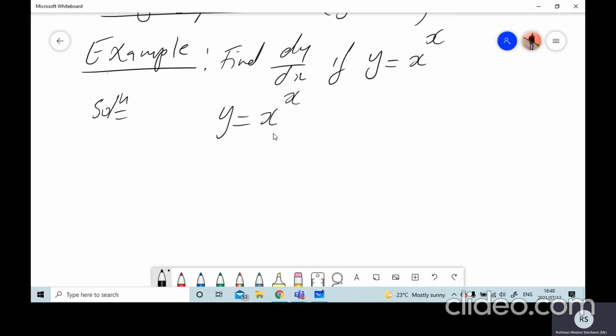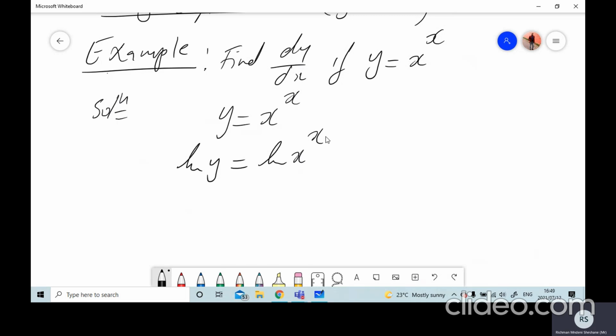The second step is to introduce ln on both sides. Our aim of introducing ln is that we don't need this power function down here. So it's going to be ln of the left-hand side equal to ln of the right-hand side.